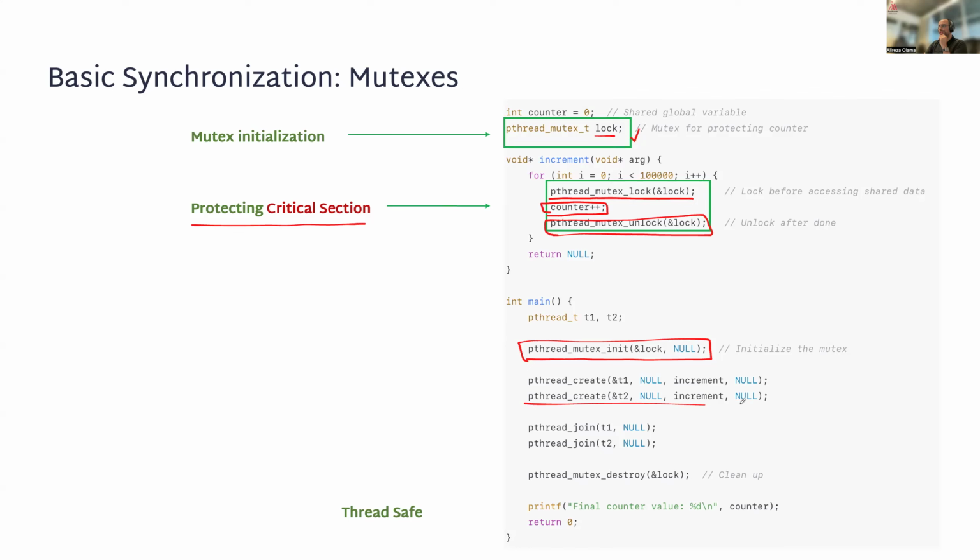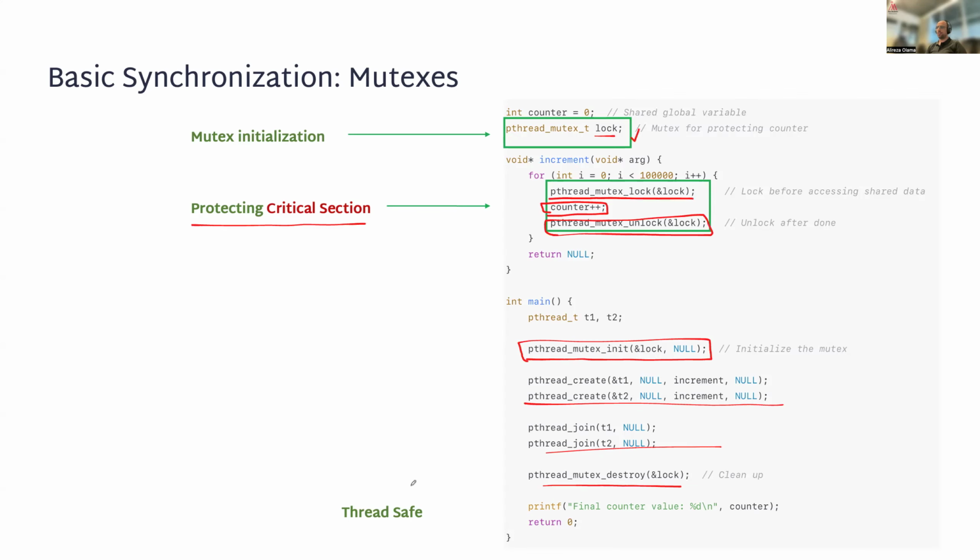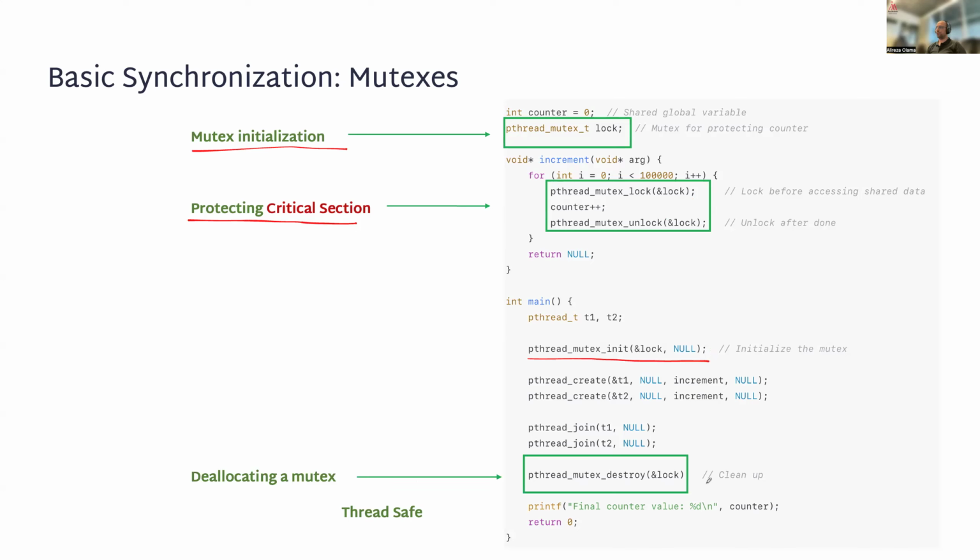Then you create your threads and you join, and finally you destroy the lock. So quite simple. These are the three main steps. You declare your lock, then you initialize it here. Then you protect your critical section. Finally, you deallocate or destroy your lock, to clean things up.